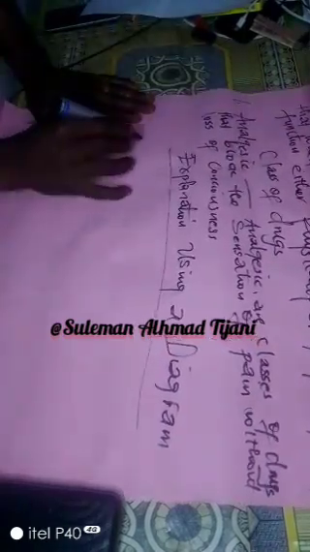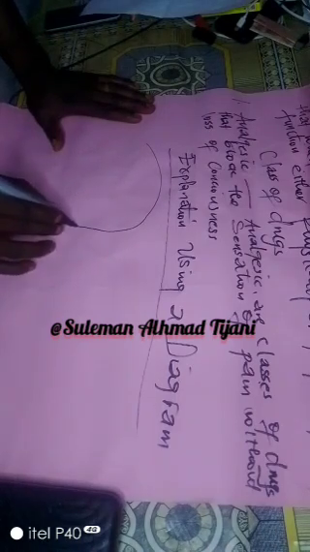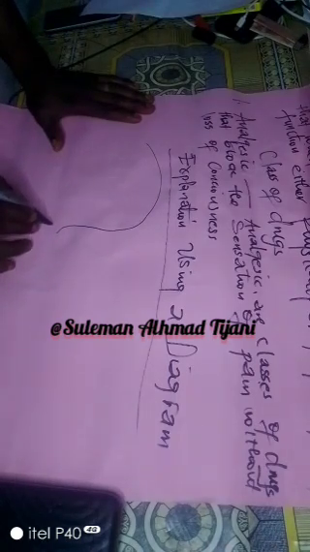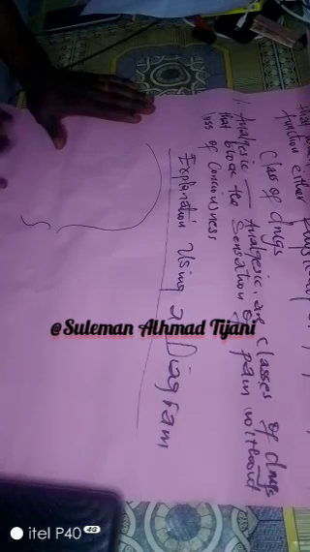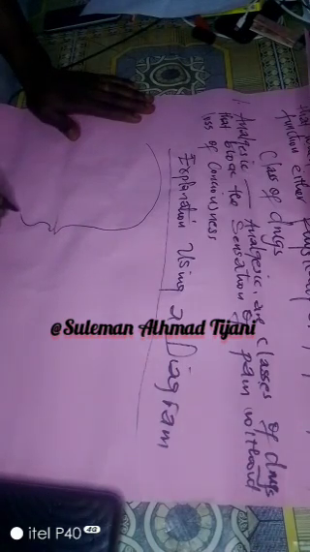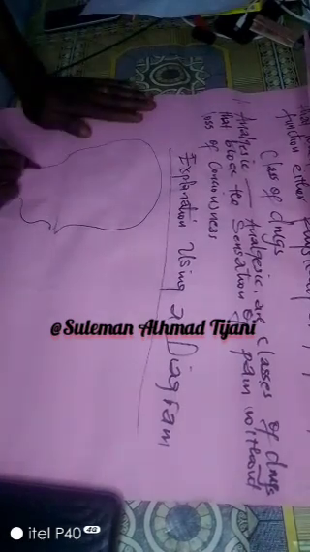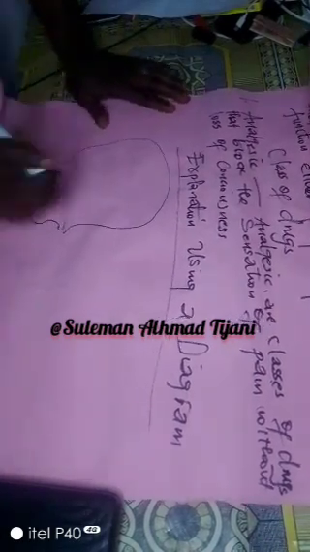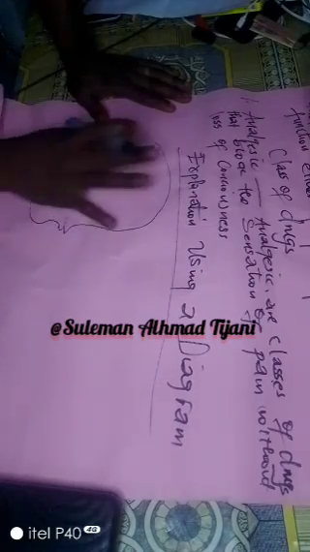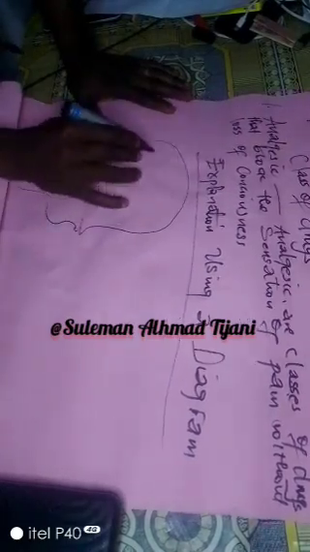For example, let's assume we have something like this. So this is the eye. This is the facial diagram.